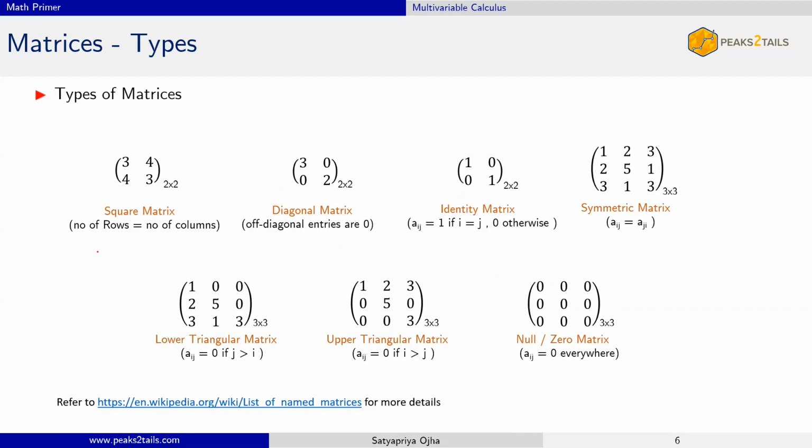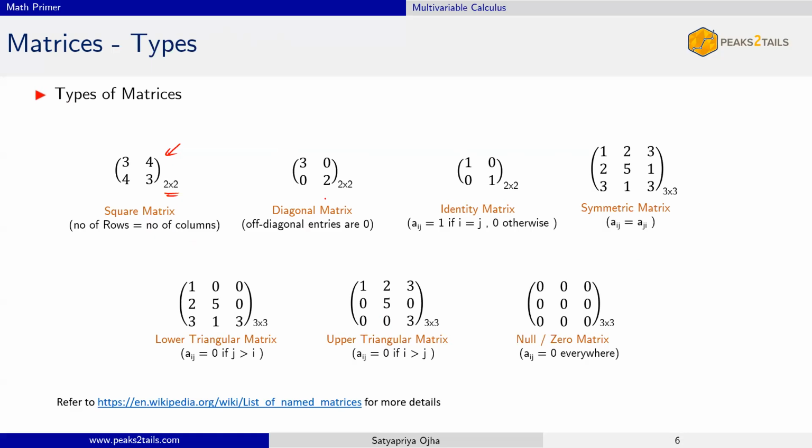Different types of matrices. We have square matrix. As you can guess, right? What is a square matrix? A square matrix is the one which has the same number of rows as columns, right? It'll be m cross m, right? That's a square matrix. Diagonal matrix. A diagonal matrix is the one where all the off diagonal entries must be 0.